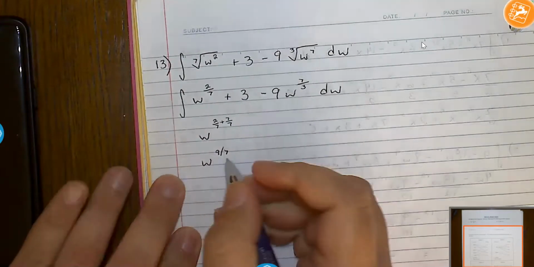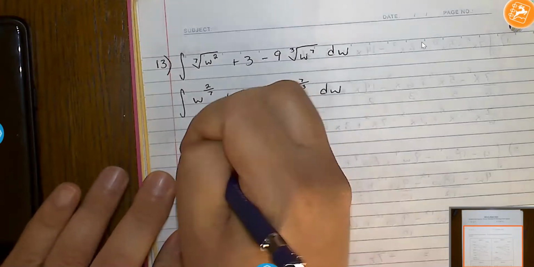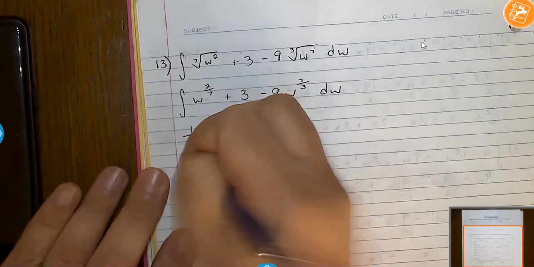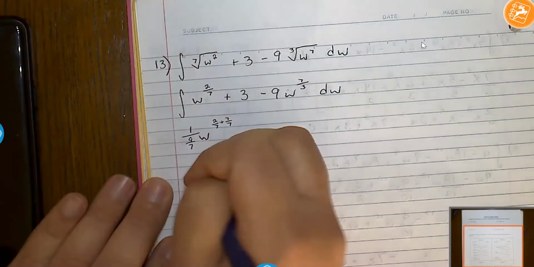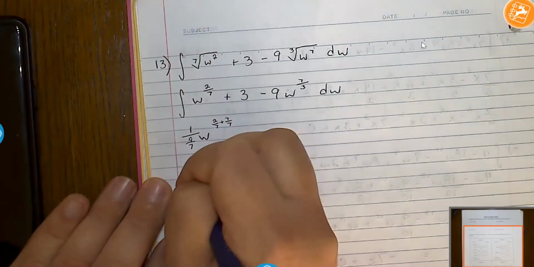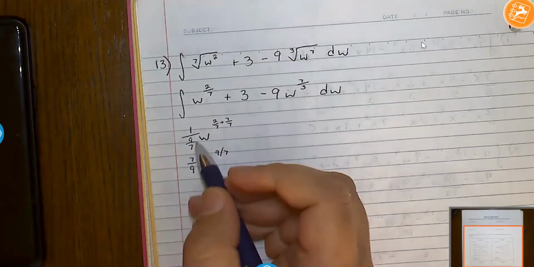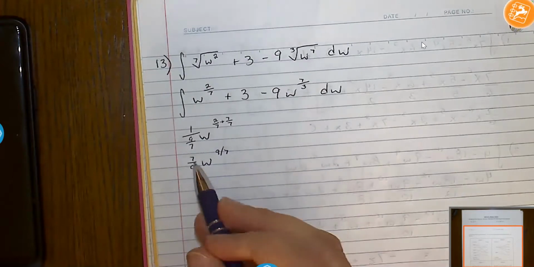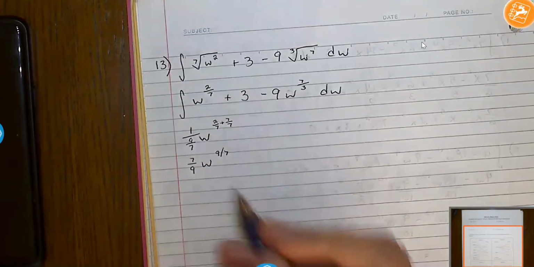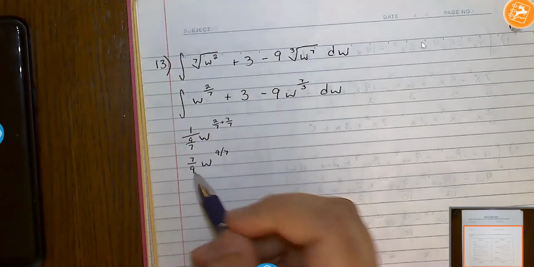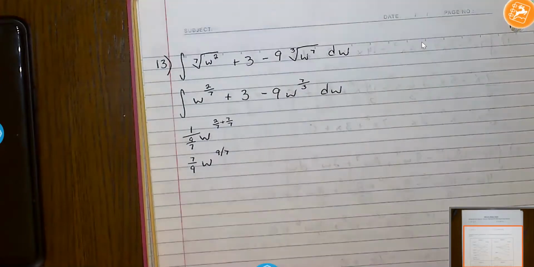So now I have to divide the 1 by 9/7, which would be 1 times 7/9. When we're dividing by a fraction, it's multiplying by that reciprocal. So this becomes 7 over 9 w to the 9/7.